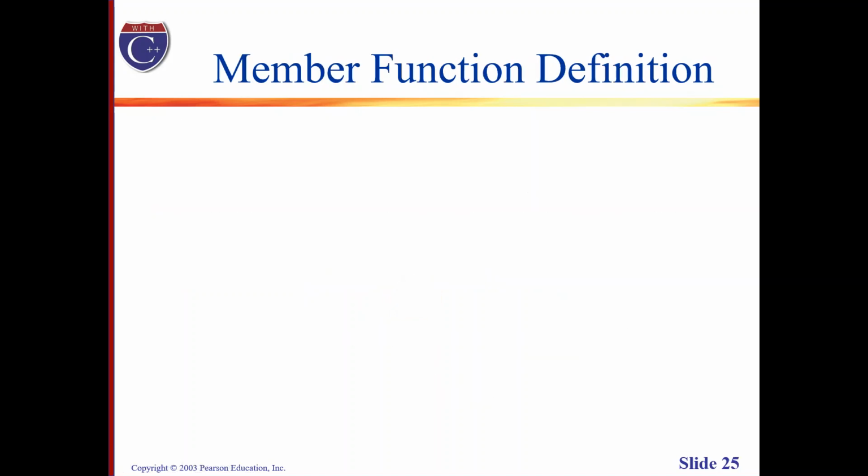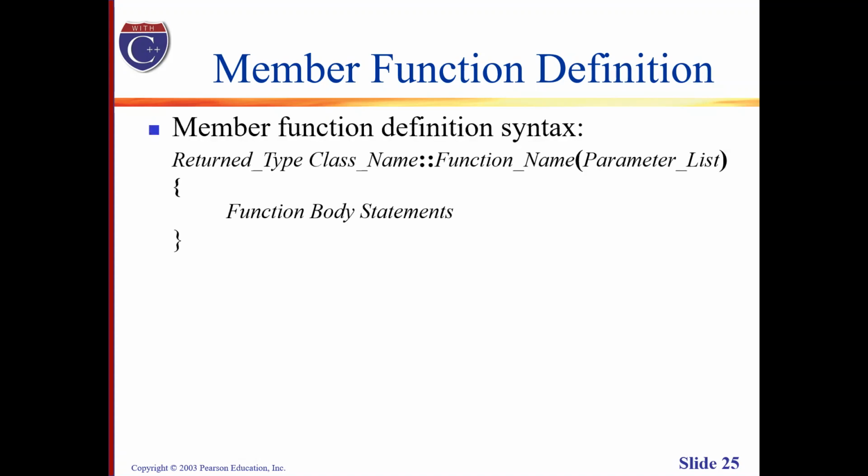Now let's talk about member function definition. As we have seen a while ago, the example follows the following syntax for defining a member function. It's still similar to how we define a regular function.